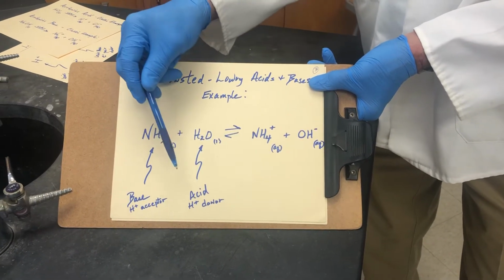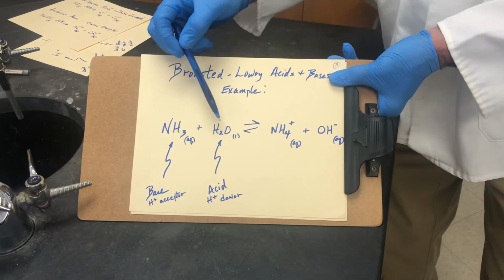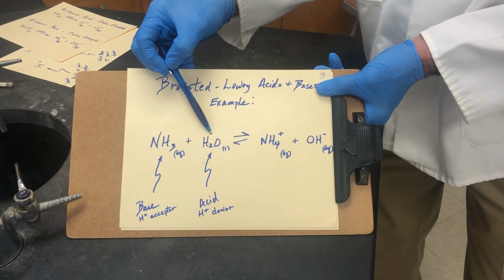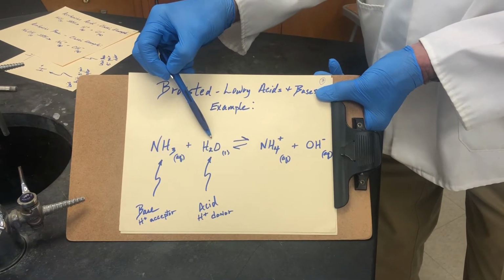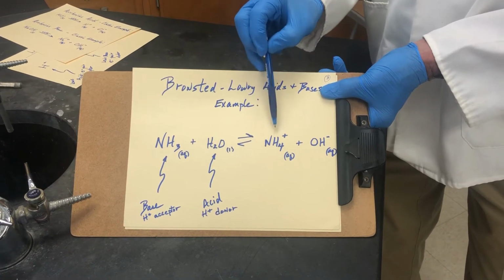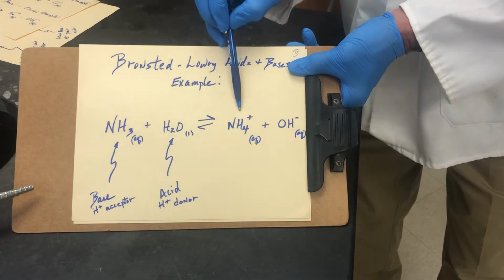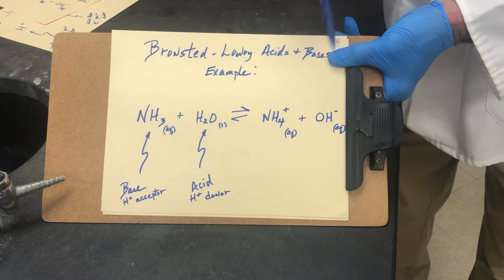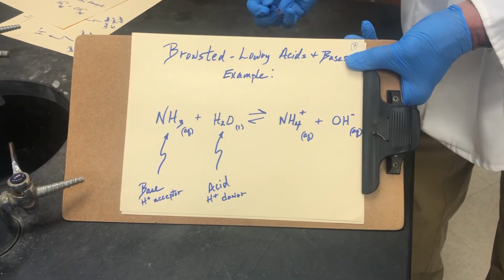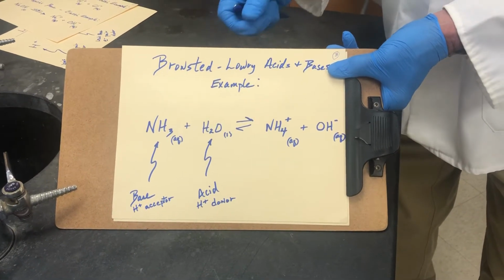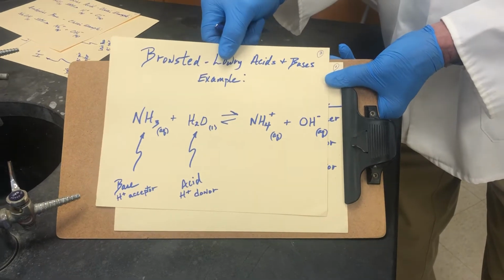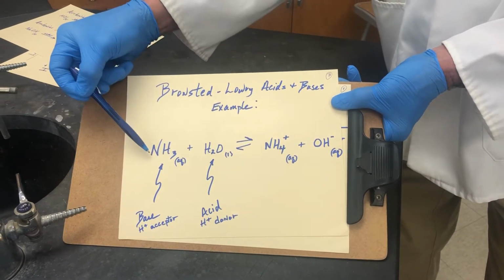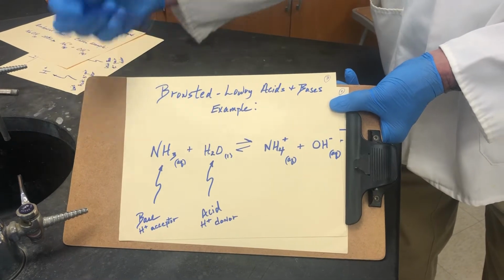Yes, it is a Bronsted-Lowry acid because it will serve as a hydrogen ion donor, okay? When that occurs, we produce the ammonium ion, NH4, and we have hydroxide ion released as well, okay? So that's a good example of a Bronsted-Lowry acid, water, and base, ammonia, okay?